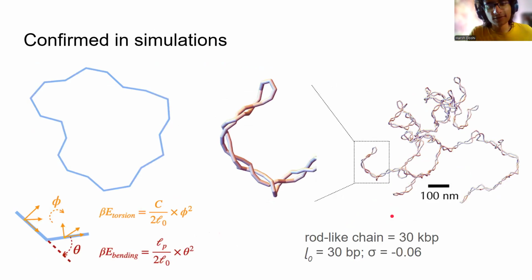Now coming to the confirmation of this sort of conversion between twist and writhe, it has been observed in simulations as well, simulations that have tried to model supercoiled DNA.